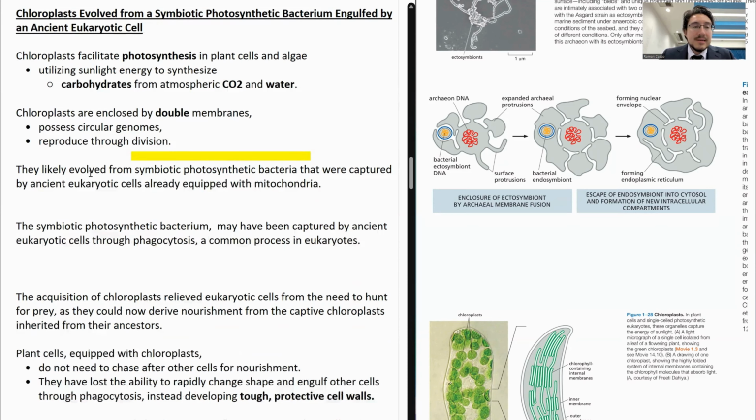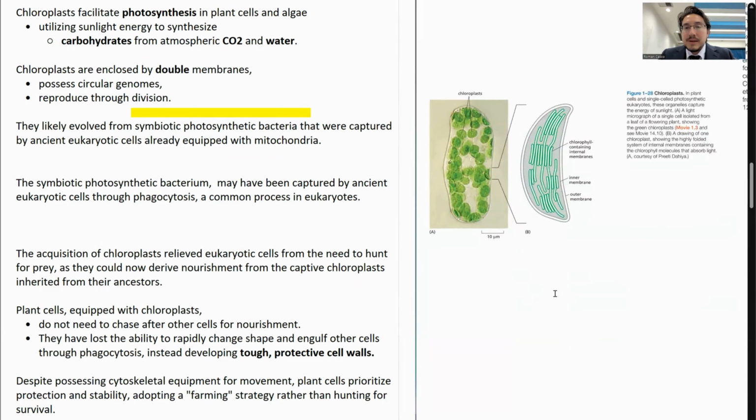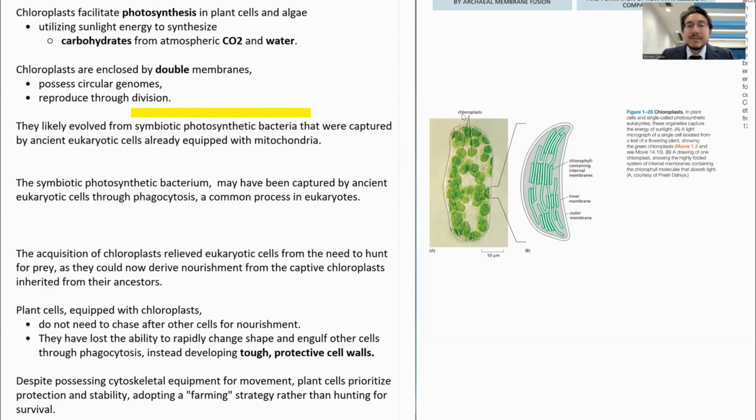Chloroplasts also have a double membrane, similar to mitochondria. They have circular genomes within their structure, and they reproduce through division. Let me go a little bit higher here. Here's an example of a chloroplast organelle.